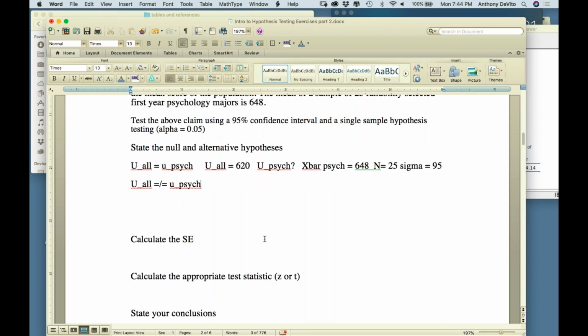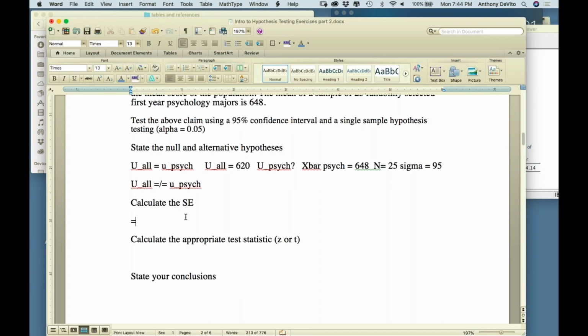Right, okay, so let's do this. Let's calculate the standard error. The z-score is going to be equal to the difference between the two means, which is 620 minus 648, divided by the standard error. Well, first I got to calculate standard error. What's the standard error equal to? It's equal to sigma over the square root of the sample size. Square root of 25 in this case. That's equal to 95 divided by 5.